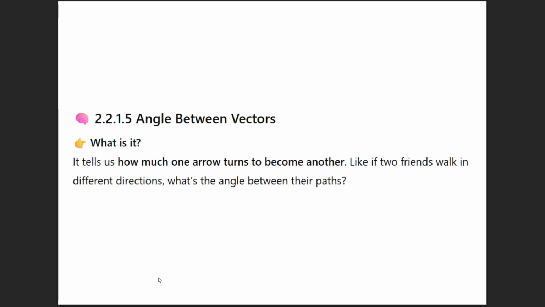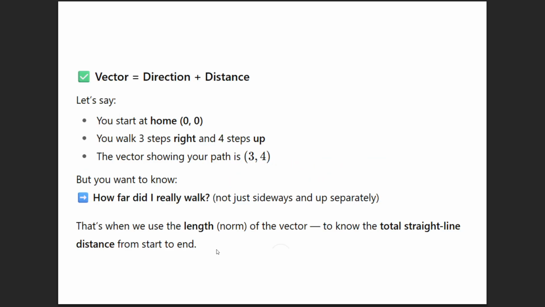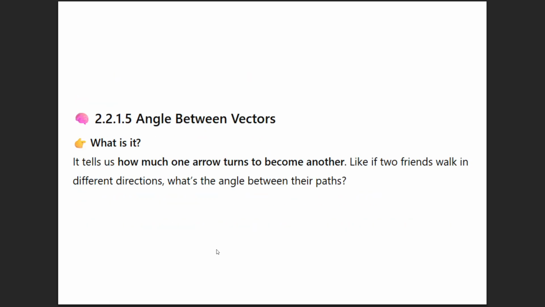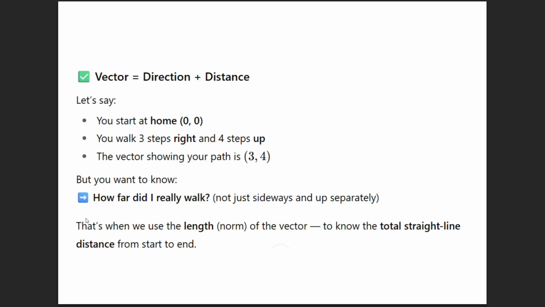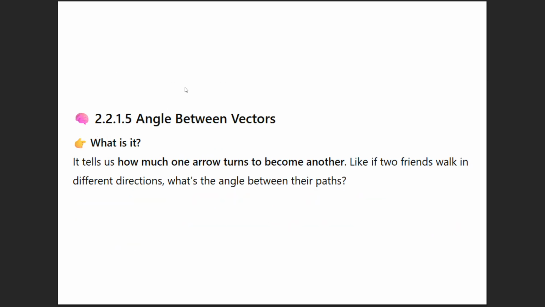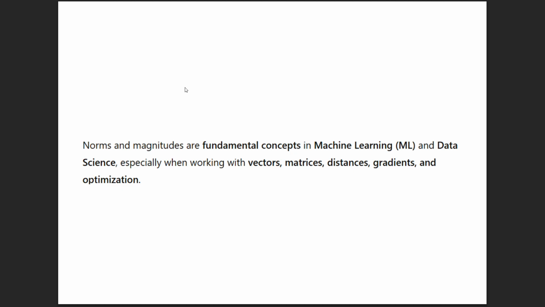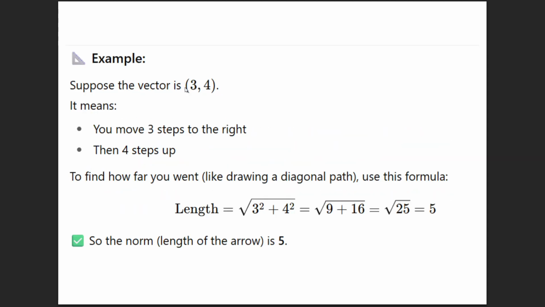Next, the angle between vectors. Before that, we want to see that a vector is equal to direction plus distance. Now we have calculated the length.